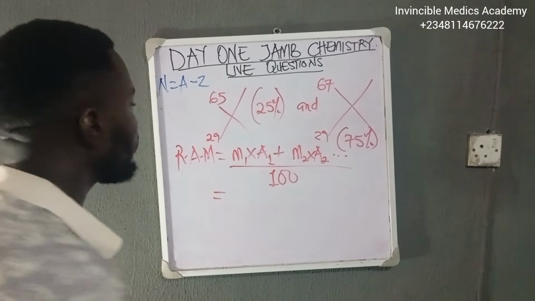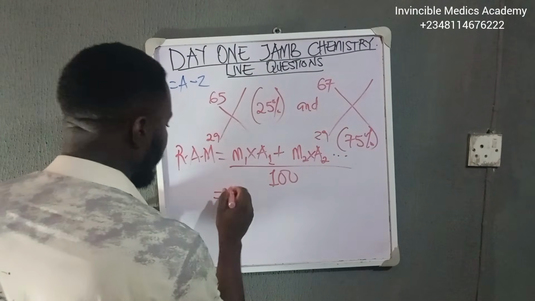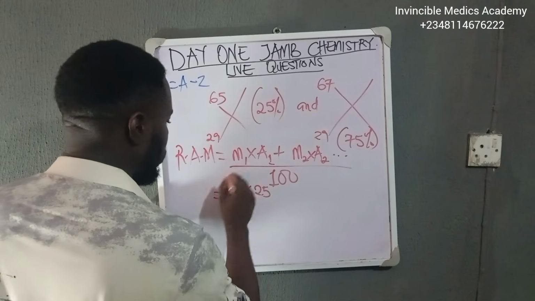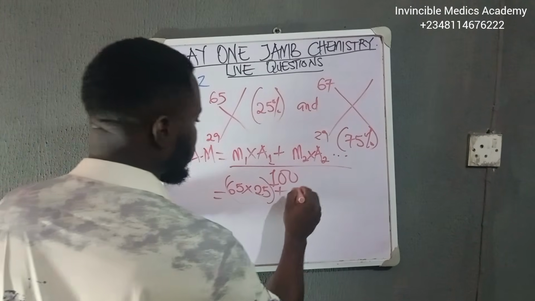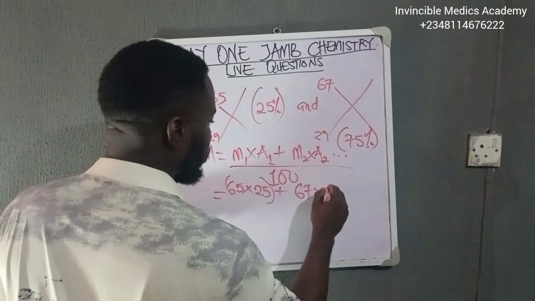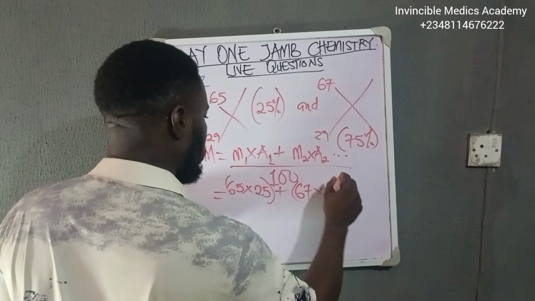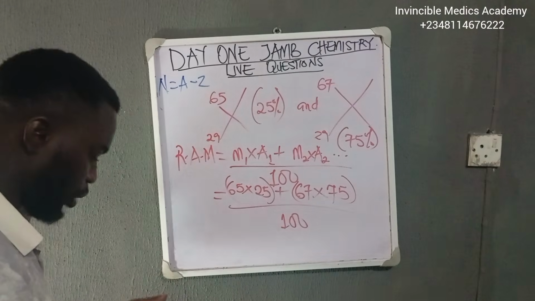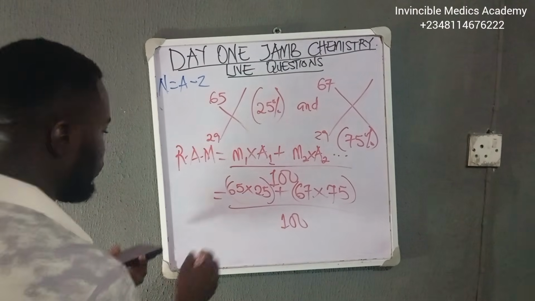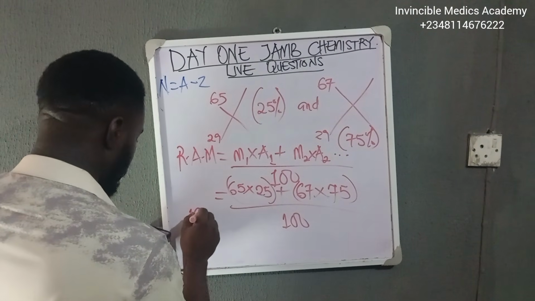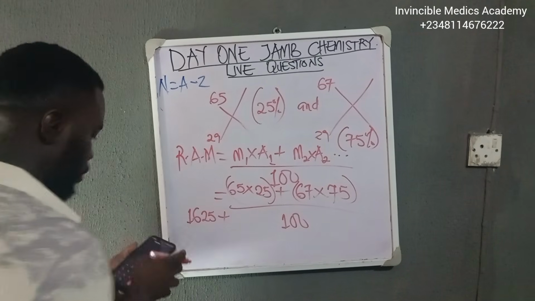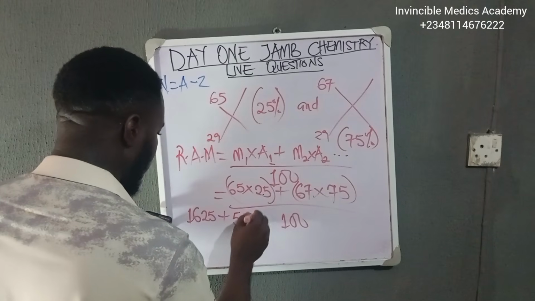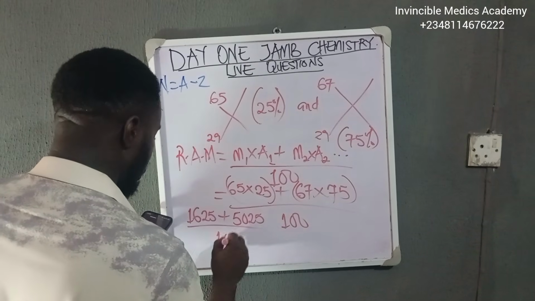So let's move. Now back to our question. M1 is 65 times the abundance, 25, plus M2 is 67 times the abundance, 75, divided by 100. Let's do the math quickly. 65 times 25 will give you 1625, plus 67 times 75, 5025, divided by 100.